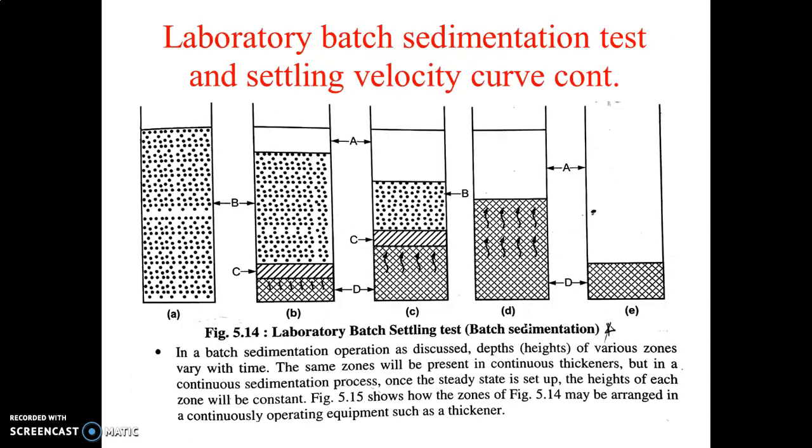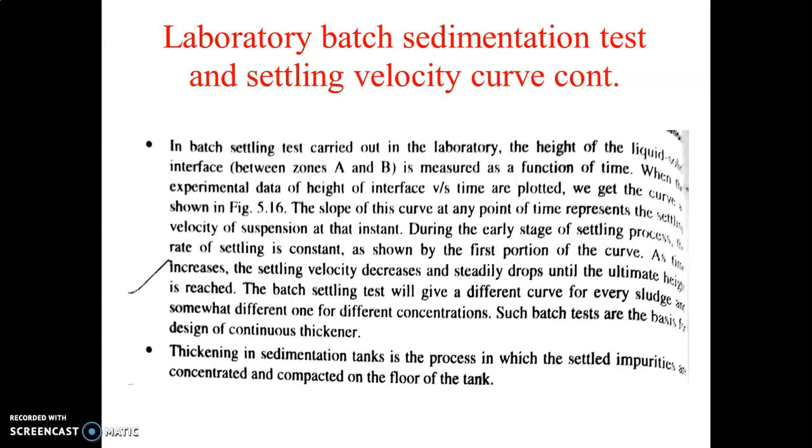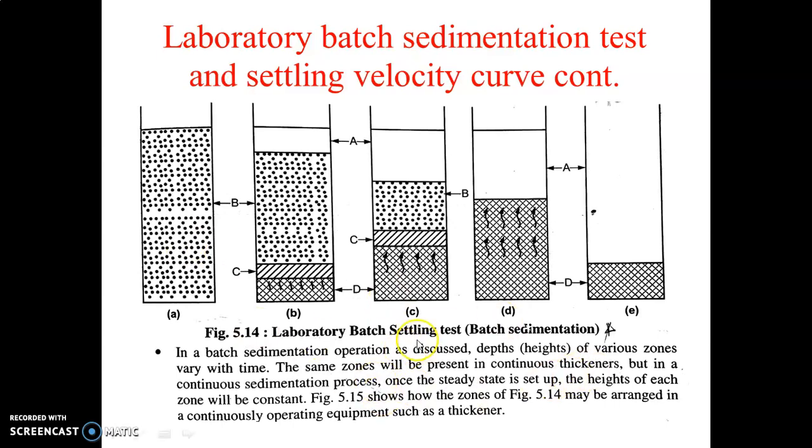In the last part we had discussed this laboratory batch settling test. You just have to take a slurry of uniform concentration and allow gravity settling in this cylinder, and then watch how different zones are produced: the clear zone, uniform concentration zone, non-uniform concentration zone, and sediment zone.